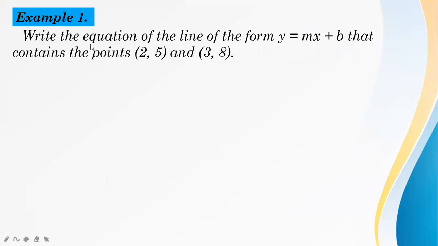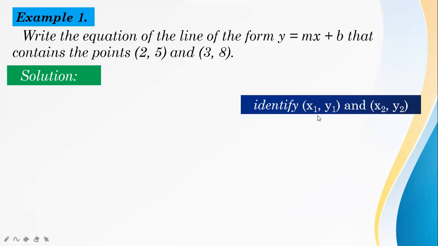Example number 1, write the equation of the line of the form y equals mx plus b that contains the points 2, 5, the first point, and the second point 3 and positive 8. So this will be your first ordered pair and the second ordered pair. So we have the solution.